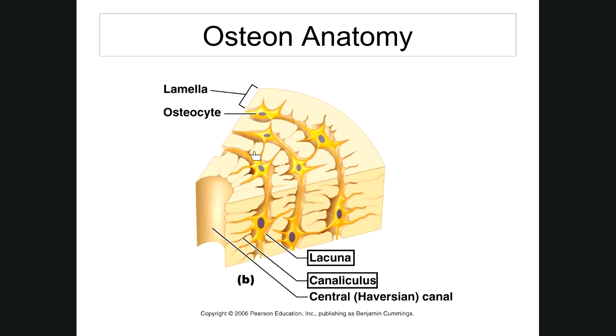Now, coming out away from the central canal, the blood vessel here, there are connections which will travel to each of these osteocytes and each of these lamella. And they're called canaliculi. Canaliculus is a single one. Canaliculi is plural. It means little canals.